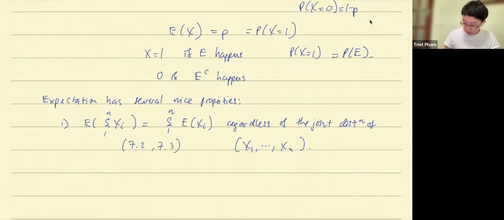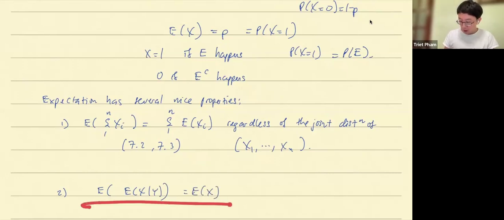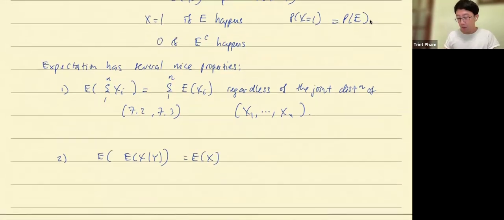And then the second one, which is again a little bit more advanced: if you take conditional expectation and then you take expectation again, you will get the original expectation. This is a very well-known law of expectation. Some people call it double expectation, whatever.